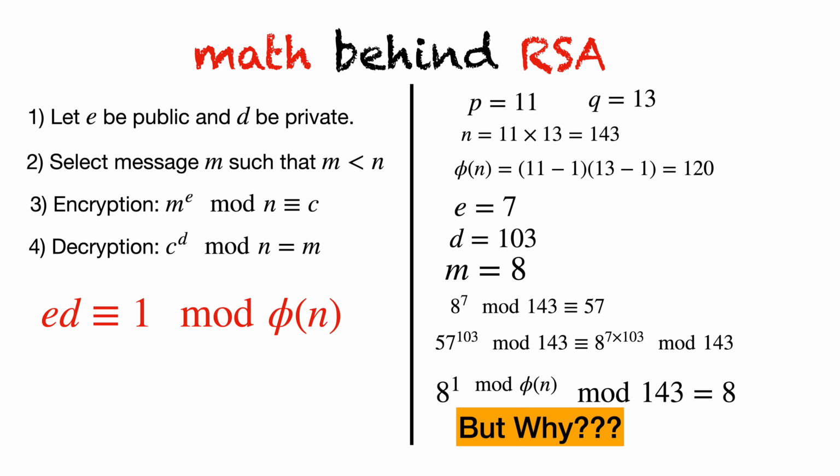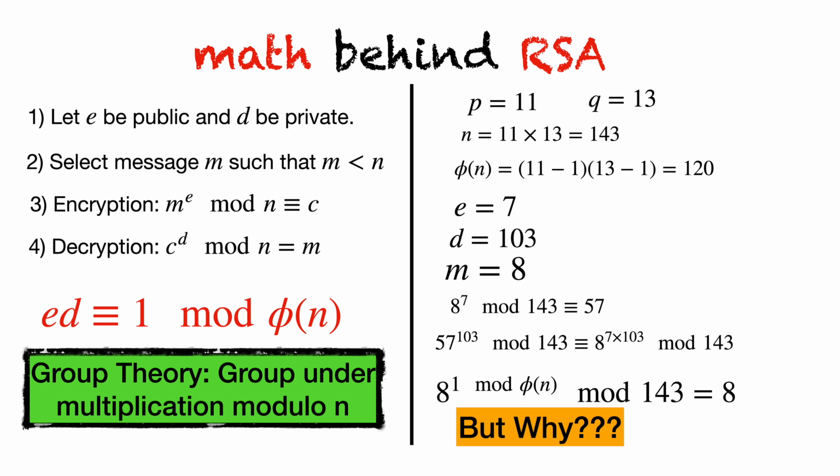The answer lies in group theory. This structure forms a group under multiplication, and the order of this group is phi n. So it is just the identity that a to the power of the order of the group is the identity element in a group. Those who have studied group theory might relate to this concept.